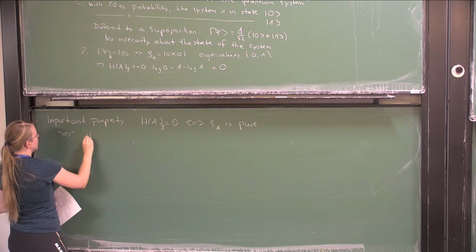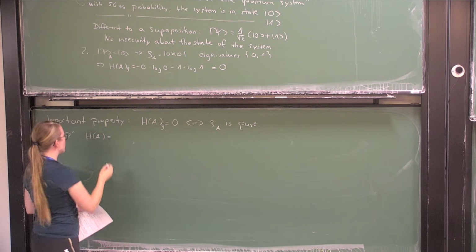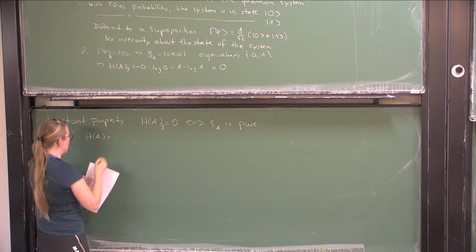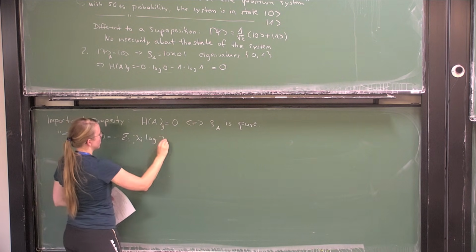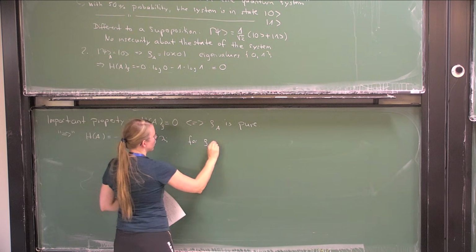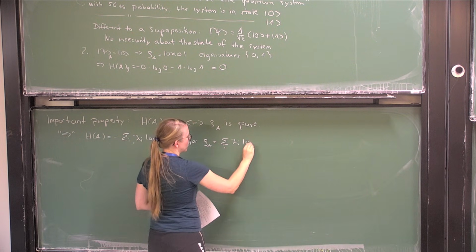So remember we can write the entropy for the quantum state in terms of the eigenvalues of the quantum state. So this is the sum of lambda i log lambda i, where rho A is the composition of eigenvectors.